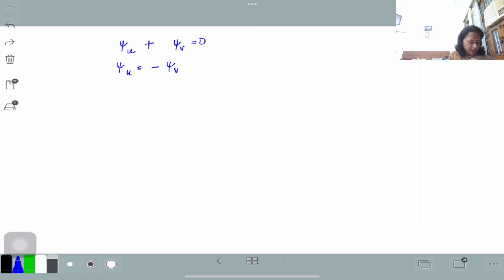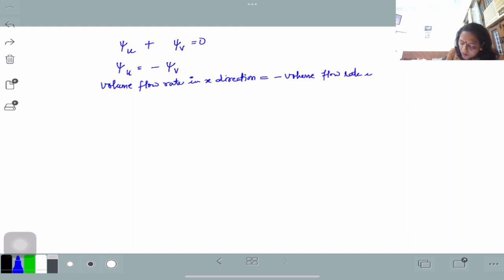So it simply means that volume flow rate or flux in x direction is equal to, or if volume flow rate in x direction is given, you can find it for the y direction. So volume flow rate in x direction is equal to negative of the volume flow rate in y direction.